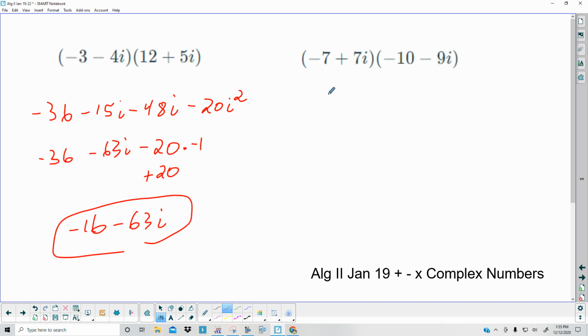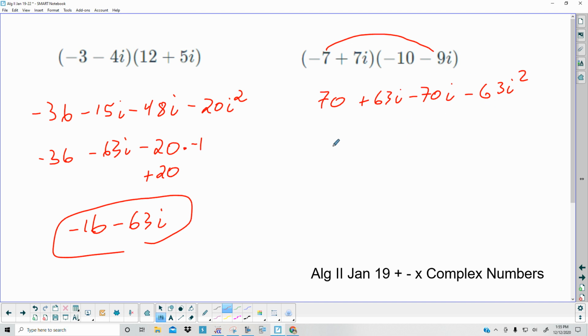FOIL it. 70 plus 63i minus 70i and then minus 63i squared. I was like, did I do something wrong here? Nope, because this gave me the plus 63i, and that's giving me the minus 63i squared.